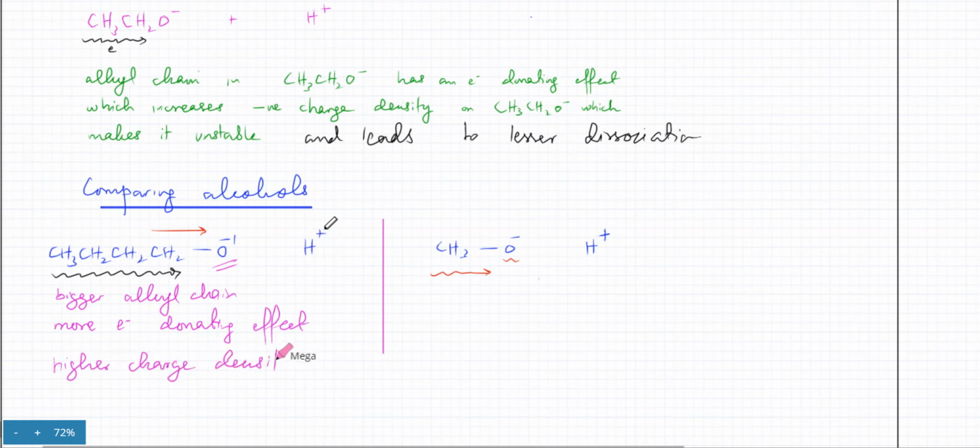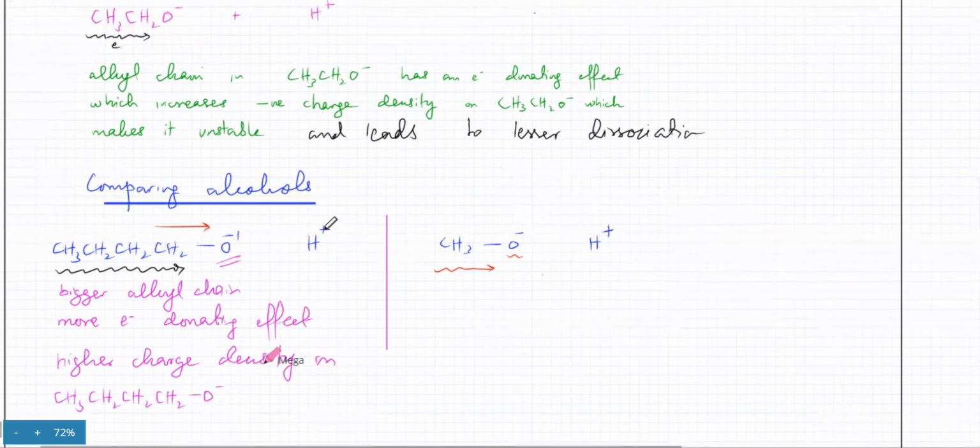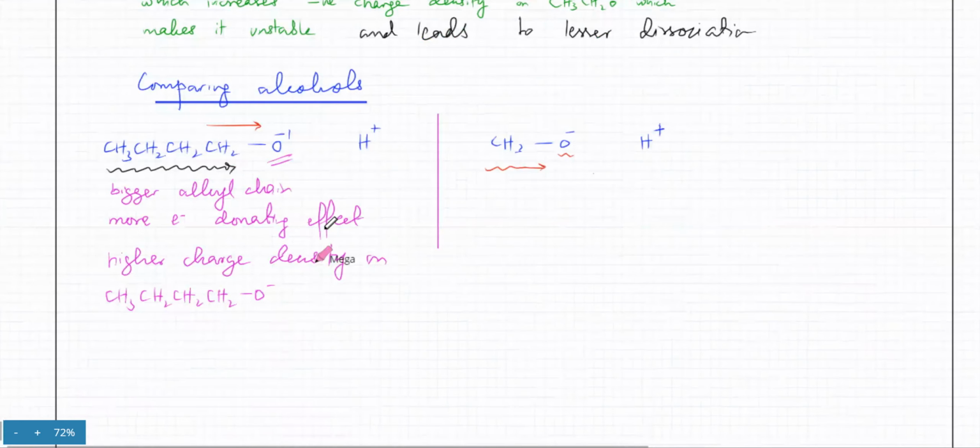So there's going to be a higher charge density on this ion, CH3CH2CH2CH2O-1. So what will it do? It will become unstable and attract the H+1 back, it's not going to dissociate. The H+1 is going to get attracted because the negative charge is stronger. Okay? Ariba, is this clear? Sarah, is this clear? Yes, sir.